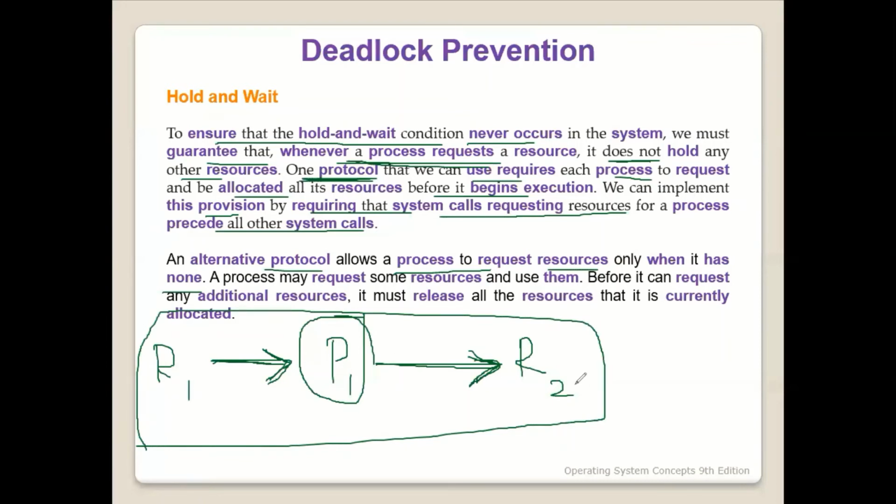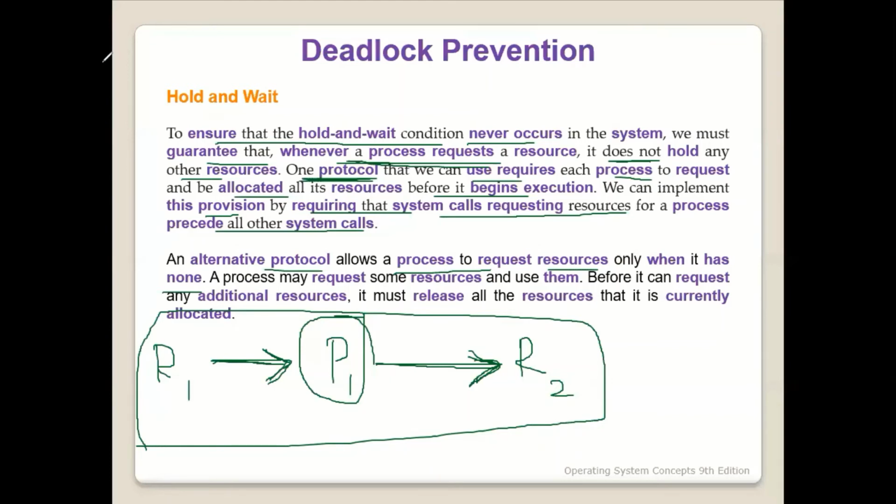Now it is requesting R2. So we can't do that. You get the idea? When a process does not have any resource, it can request a resource. When a process is holding a resource, it cannot request a resource. This is another alternative protocol to avoid hold and wait.